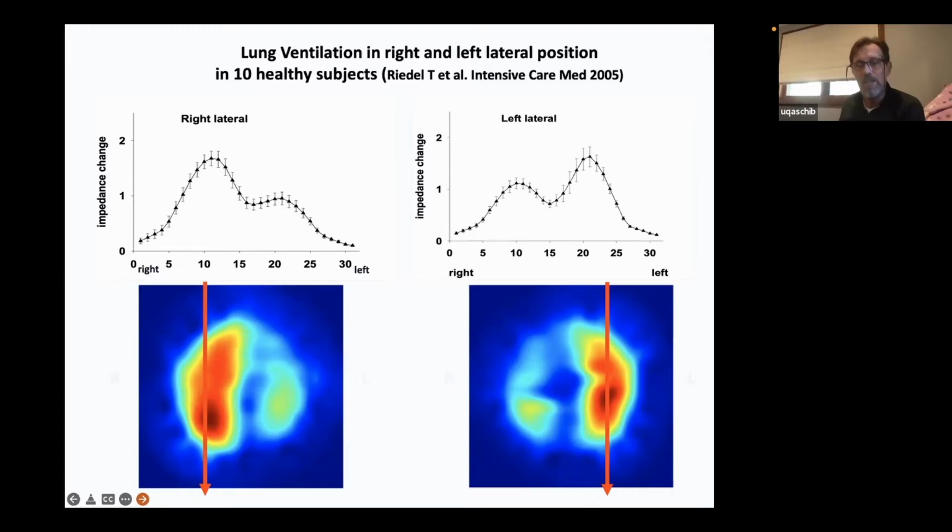EIT is measuring lung volume changes. So that means the dependent lung is better ventilated than the non-dependent lung. And as a proof of concept, if you flip the subject around, put left side down, you see exactly the opposite, that the left lung becomes the better ventilated because the left lung becomes the dependent lung.